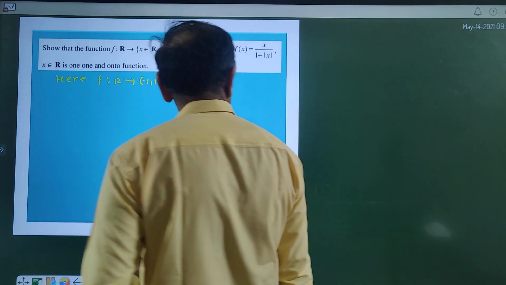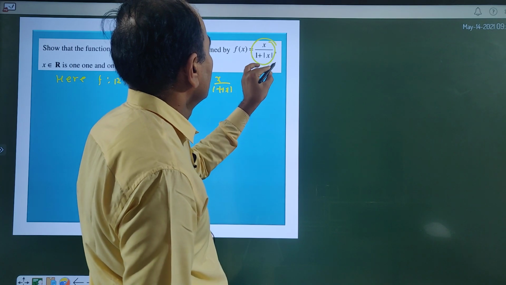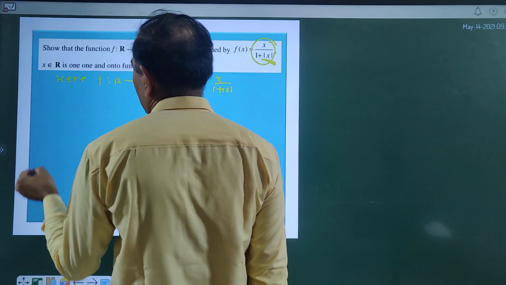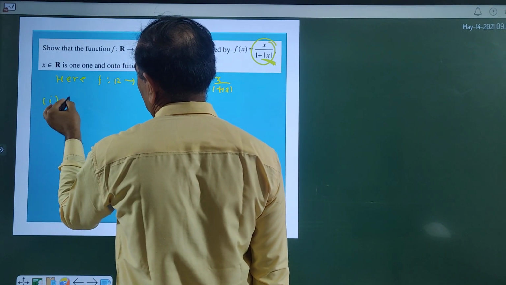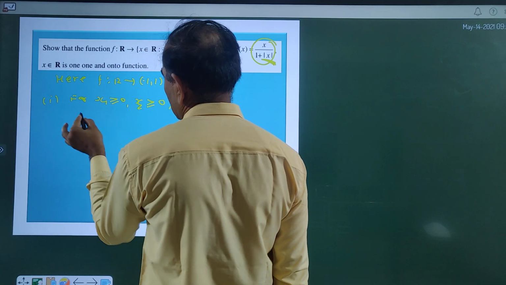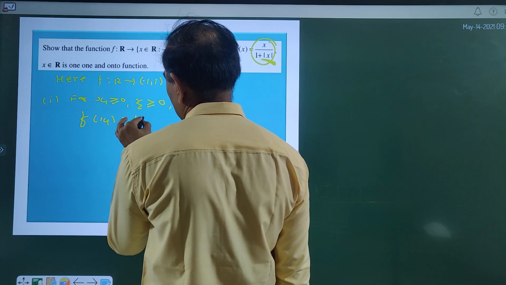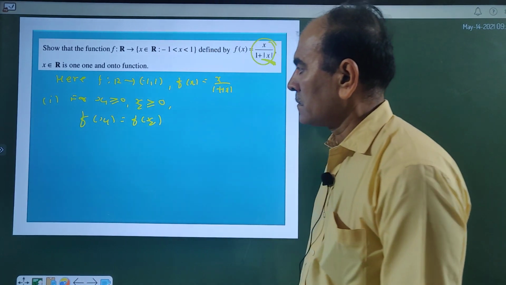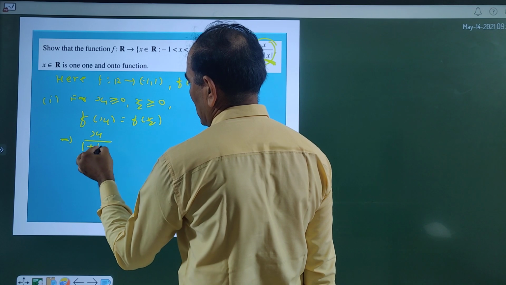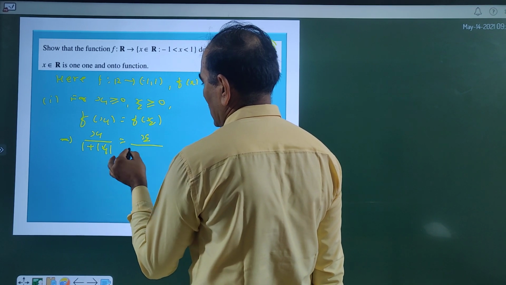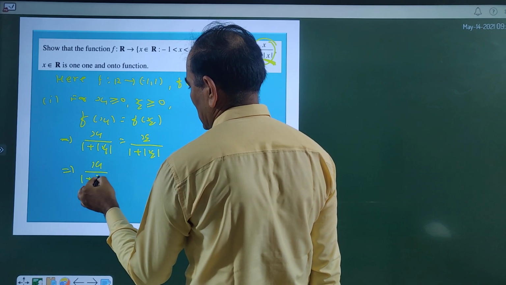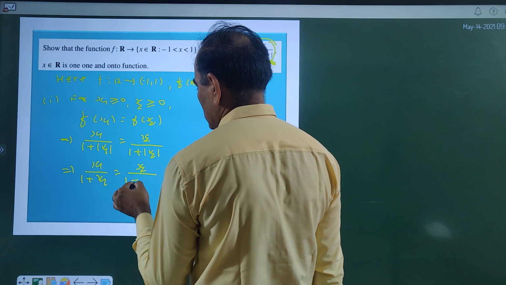Now see, here modulus is there. So there are 2 possibilities, x greater than or equal to 0 and x less than 0. Now first one, for x1 greater than or equal to 0, x2 greater than or equal to 0, f of x1 is equal to f of x2. This implies x1 over 1 plus mod x1 equals x2 over 1 plus mod x2, implies x1 over 1 plus x1 equals x2 over 1 plus x2.